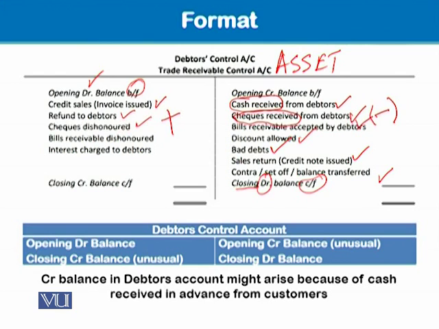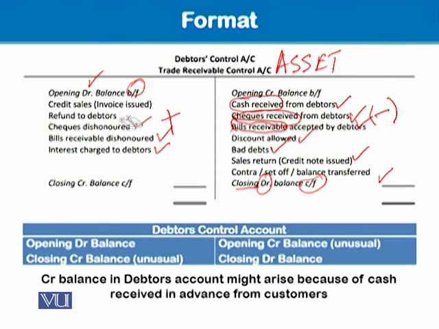These two are sort of reversal effect. And in the same way, if bills receivable which were accepted by the debtors are dishonored, these bills receivable will cause an increase in accounts receivable or debtors balance once again. And because of any reason, if we are charging interest to the debtors, again, it will cause an increase in the balance of the debtor.